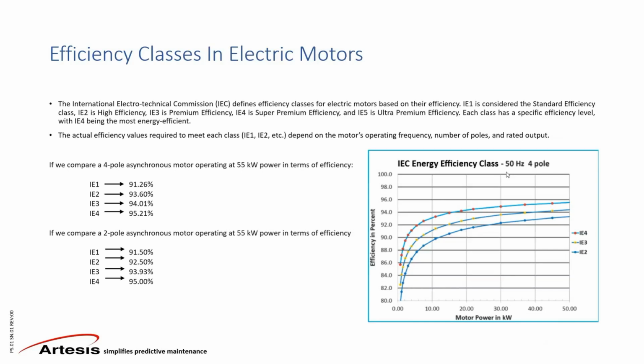And of course, we will later on look at this again and how easily you can make these calculations with the help of additional tools such as the condition monitoring technologies that we as Artesis offer with the electrical signature analysis approach.